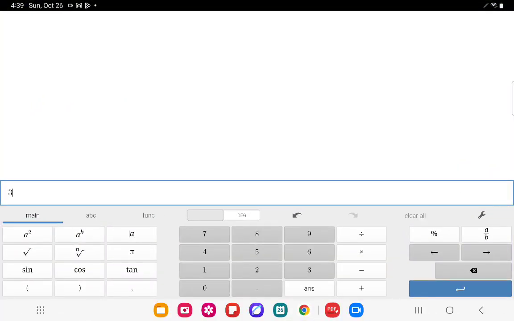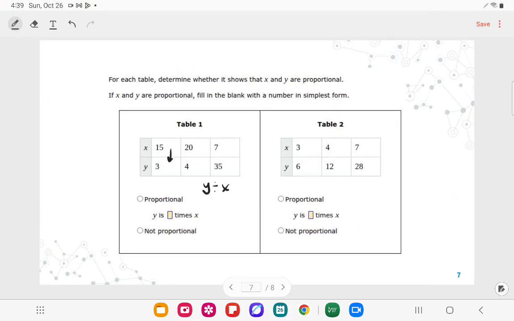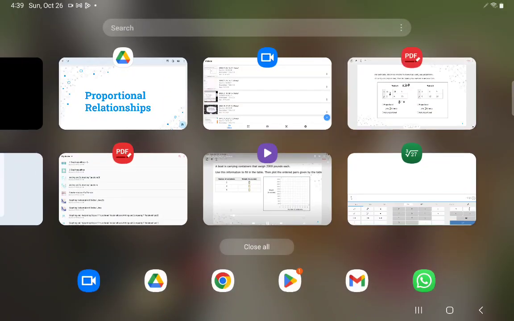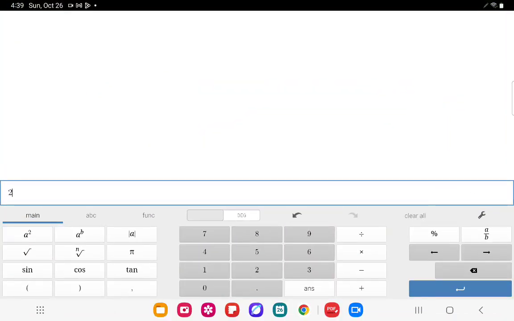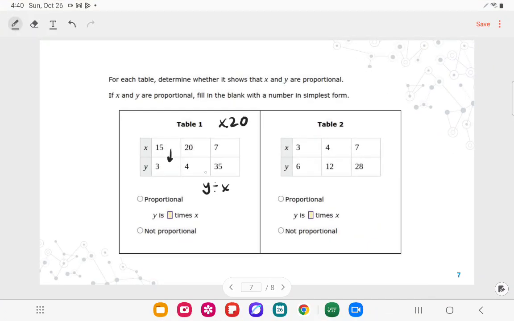That gives 0.2, so I think I'm timesing by 0.2. I'm going to see if that's right. 20 times 0.2 is 4, so that's correct.